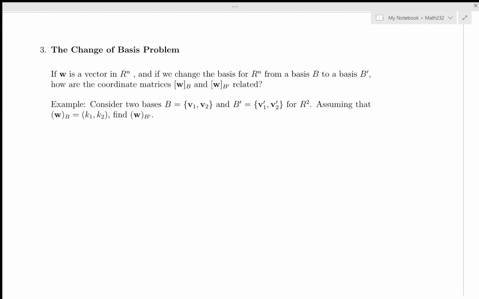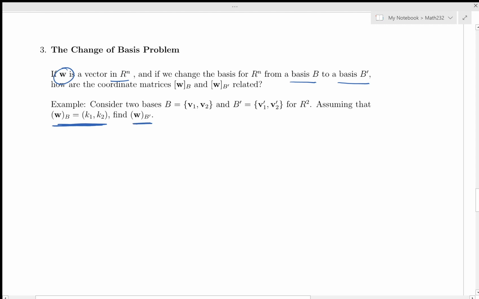What we have is a vector w in R^n, and we're going to try to change the basis from some basis B to another basis B prime. We've got the vector w referenced to basis B, and we want to reference that same vector to the basis B prime.